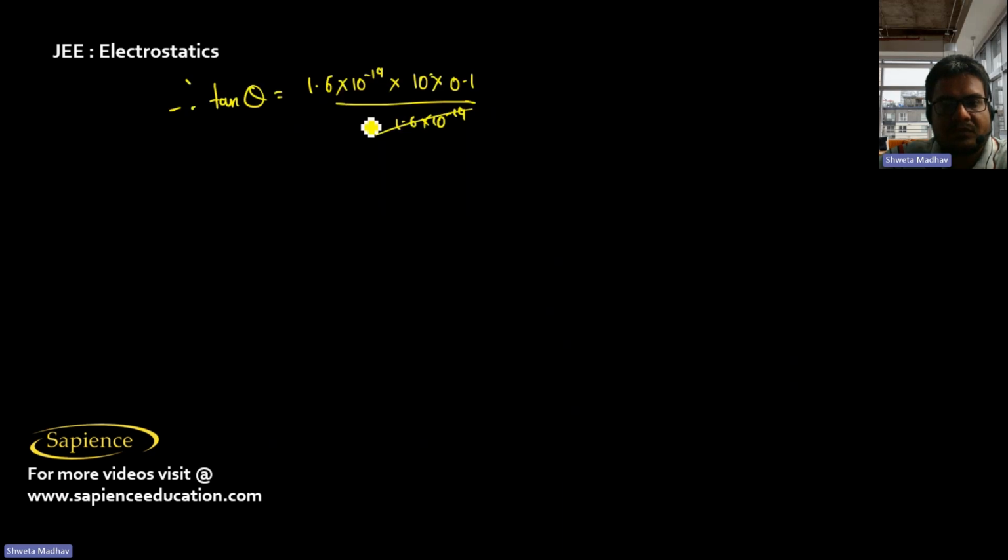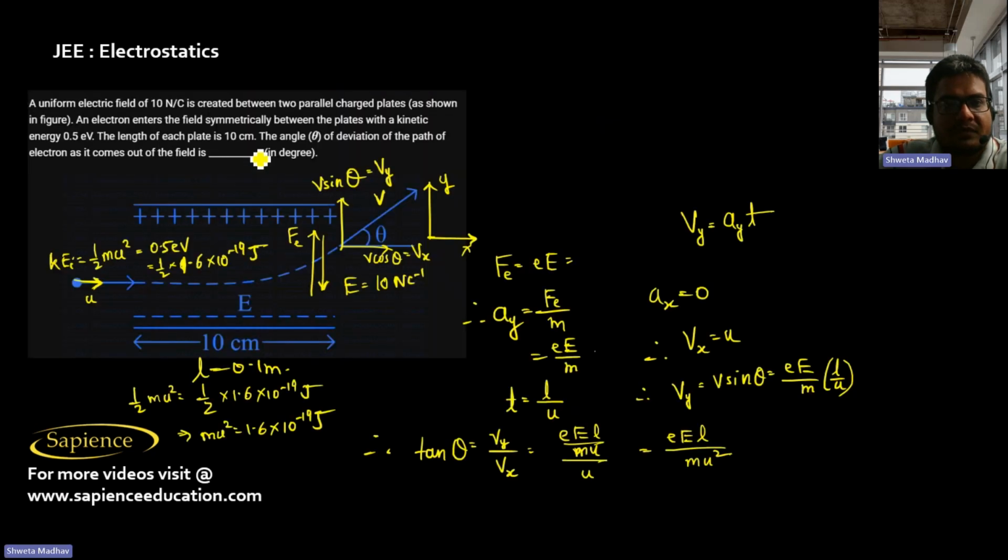So this will cancel and this will be equal to 1. So tan theta is 1, so theta is equal to 45 degrees. So 45 degrees is the answer.